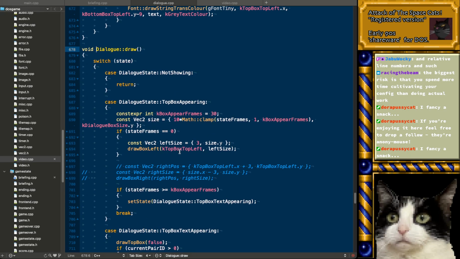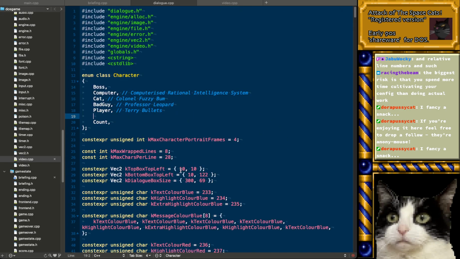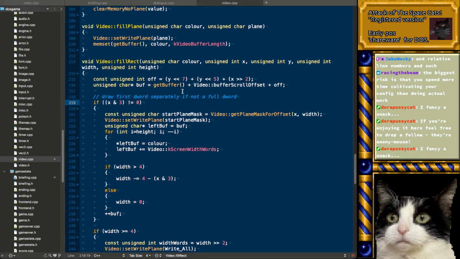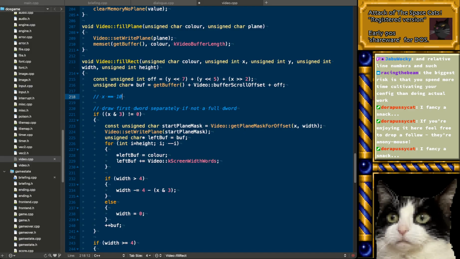Okay, top box top left. What is that? There it is. It's 10. That's not a multiple of 4. Right. What does that mean? So we're going to say get the plane mask for X width.